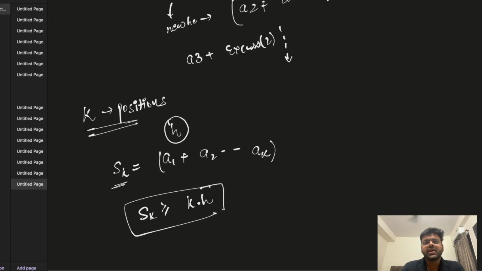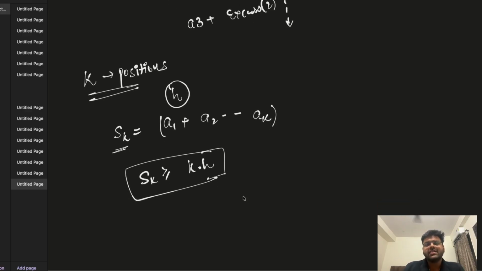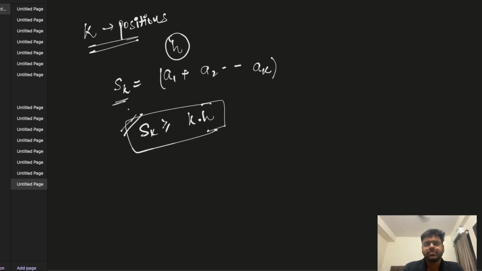This should be the minimum case. If I need to maintain a frosting height of level h, my sum should be at least the product of these elements. Now h would simply be less than or equal to s of k by k, for a given k elements.